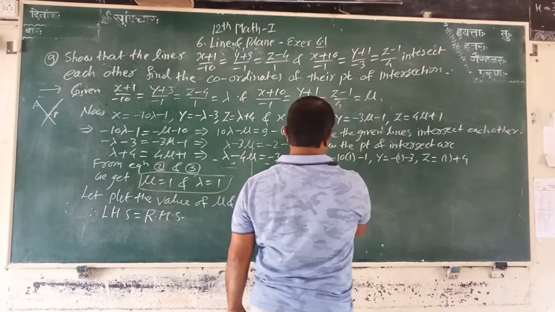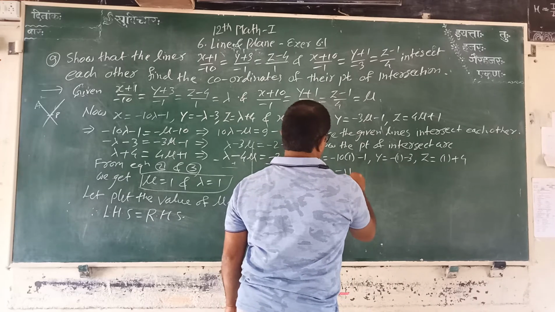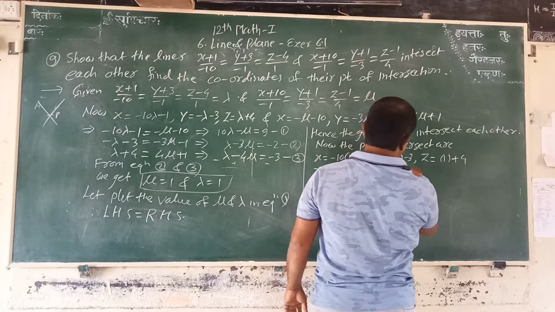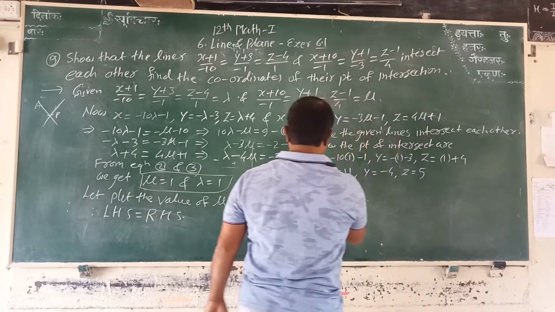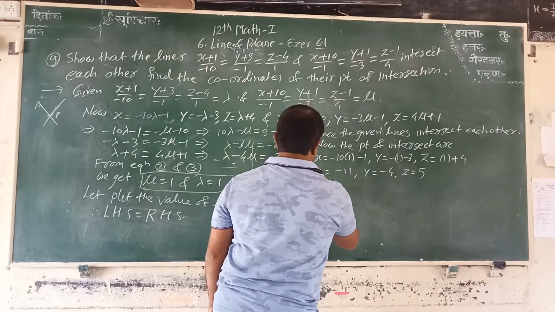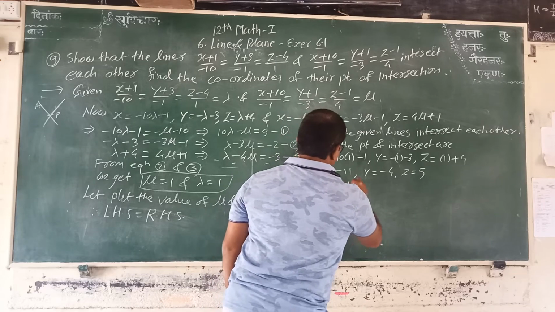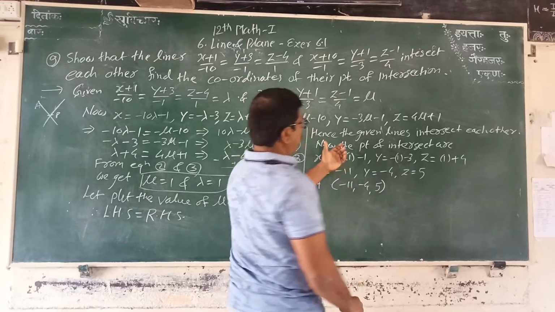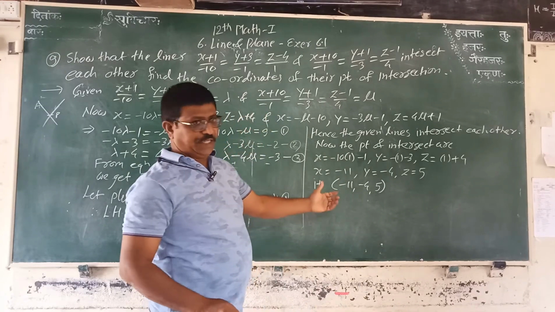That is x equal to minus 11, comma, y equal to minus 4, and z equal to 5. That is, minus 11, comma, minus 4, comma, 5 are the intersecting points.